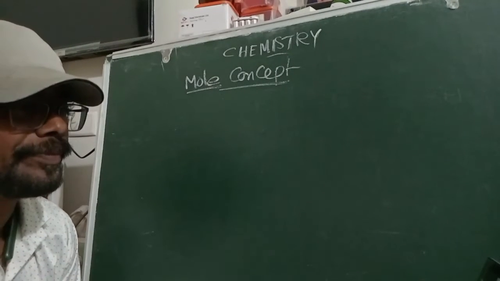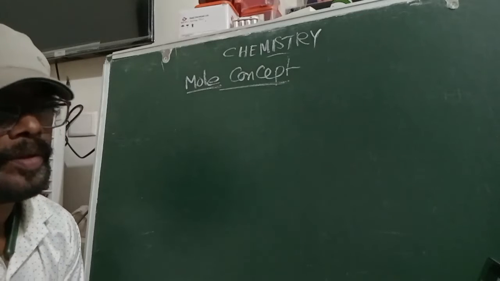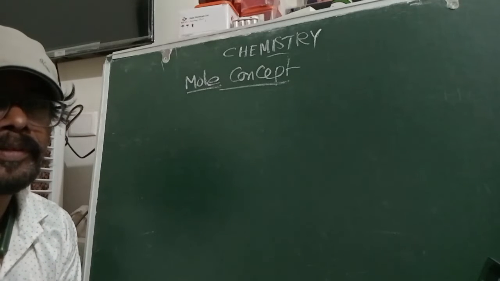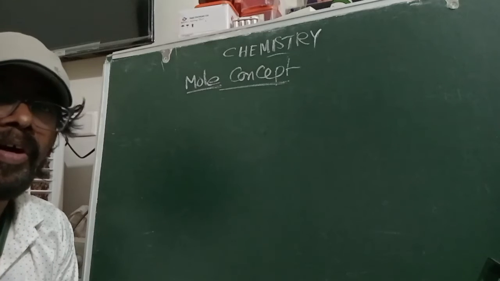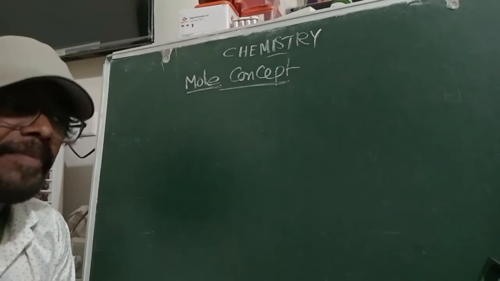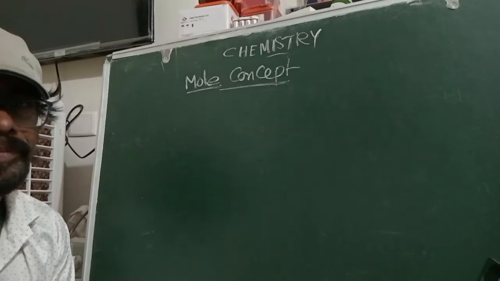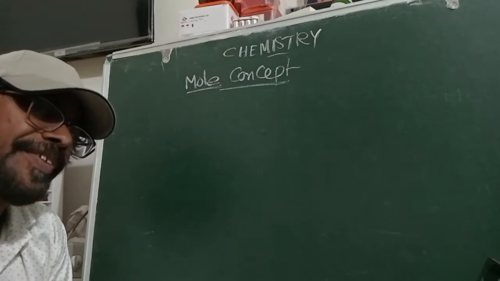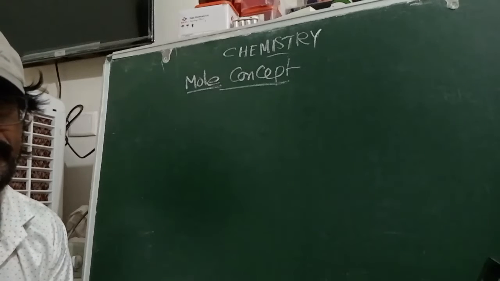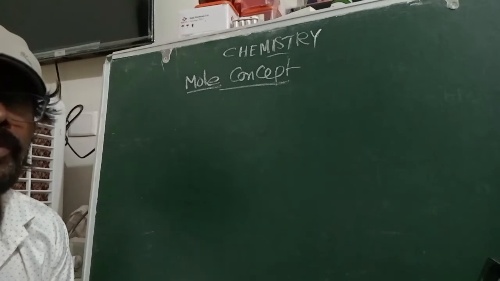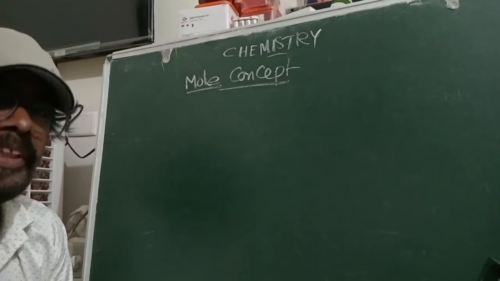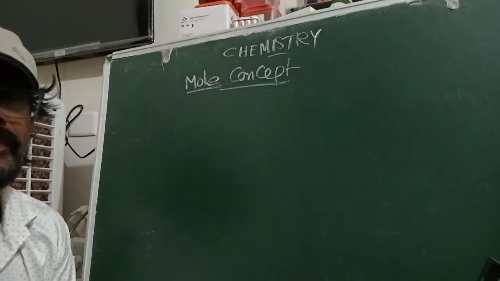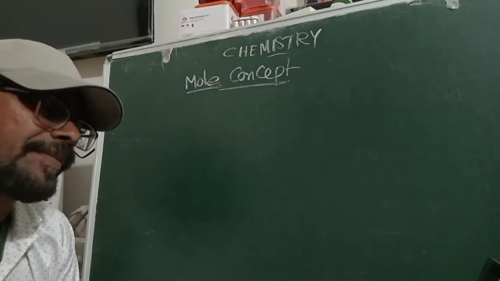What is a mole? Mole is the amount of substance of its gram molecular weight. Mole is nothing but the gram molecular weight of that substance. 1 mole of a substance is equal to the gram molecular weight of that substance.